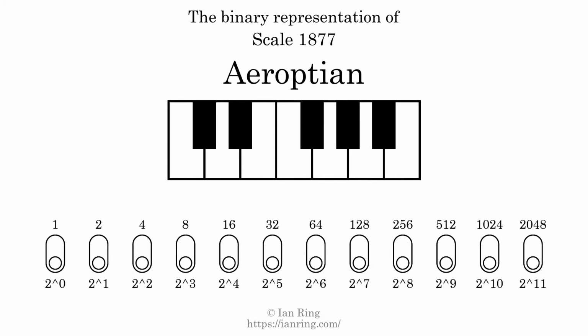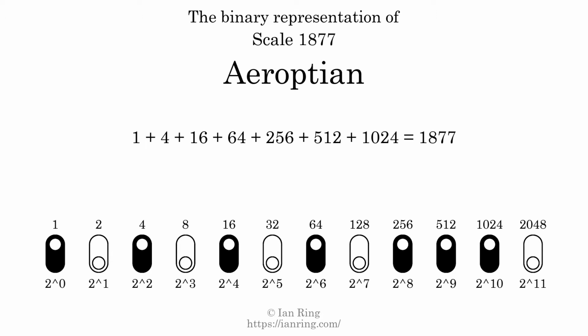The binary representation of this scale is determined by mapping tones of the scale to binary digits. Each binary digit represents a power of 2. To get the scale number, we add the powers of 2 together. The powers of 2 that are present in the scale, all added together, equals 1877.